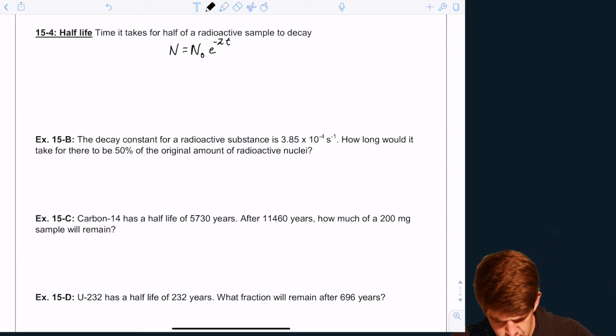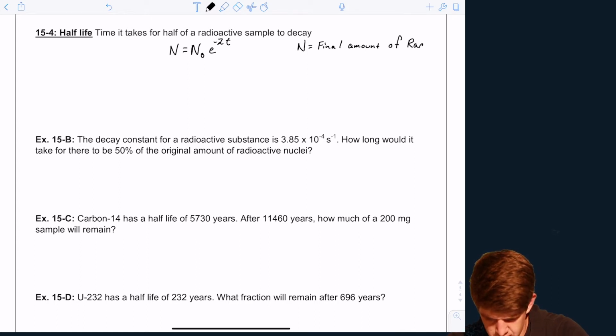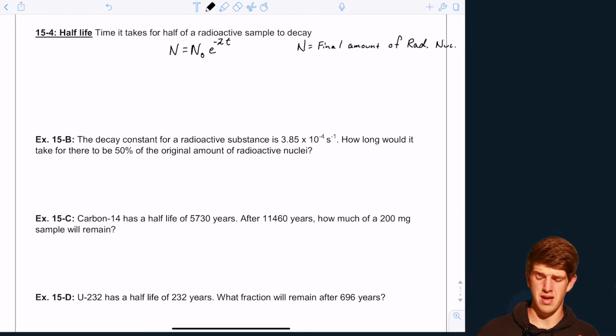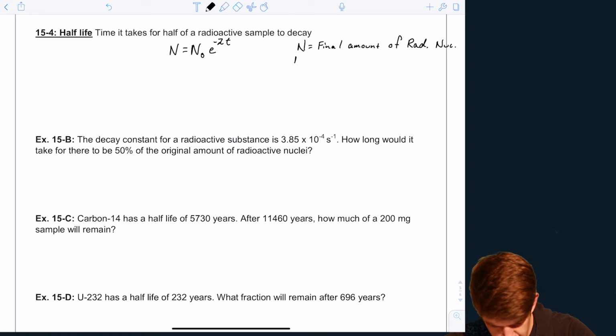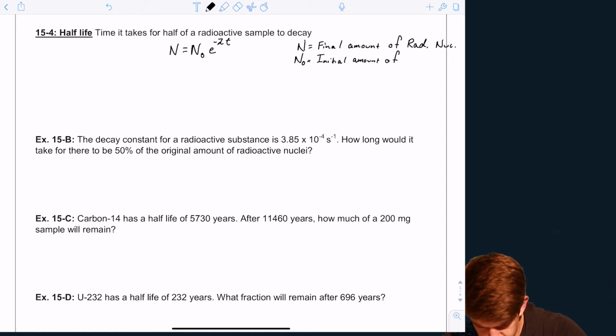N is just the final amount of radioactive nuclei. I'm going to say that a lot and write it a lot, so I'm just going to write it as rad nuke. And N naught was my initial amount of radioactive nuclei.